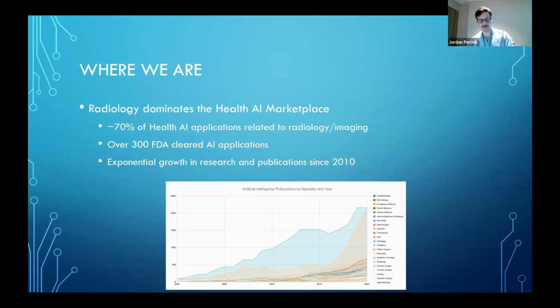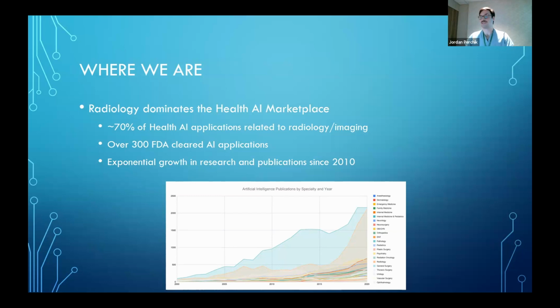But there's been a tremendous amount of growth with all of these different areas for AI to be implemented. There's been tremendous growth in the amount of research that we do in AI, and there's been a tremendous growth in the amount of AI applications that are achieving FDA clearance. So I give this talk relatively frequently, and I have to update the number of FDA applications every time I give this talk.